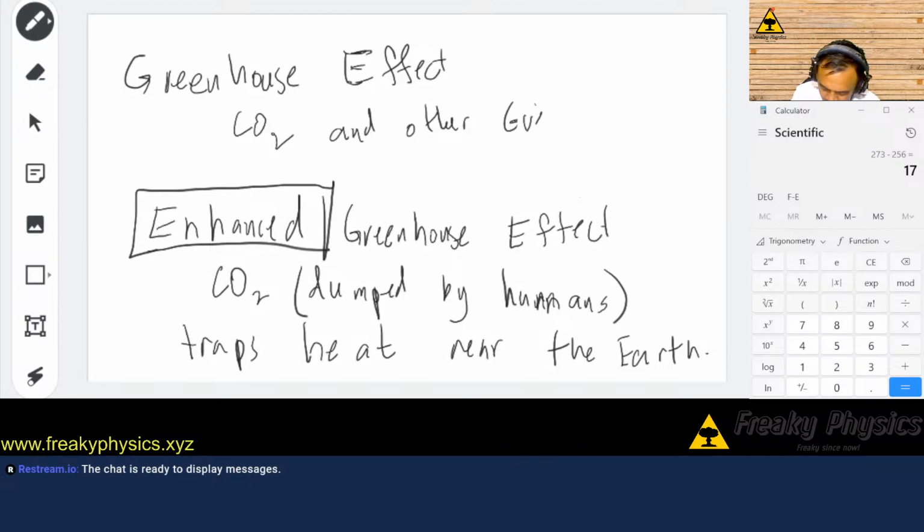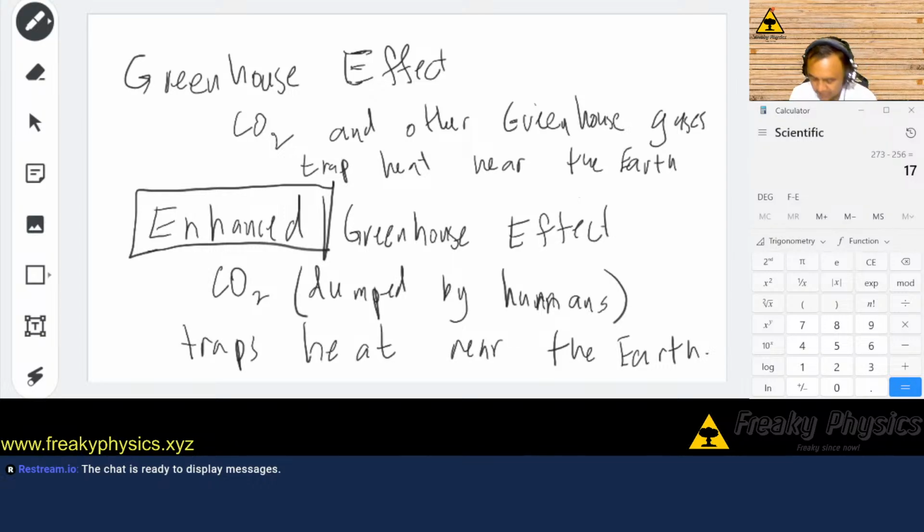Okay, CO2 and other greenhouse gases trap some heat near the surface of the Earth. Now, remember the greenhouse effect by itself is not bad.